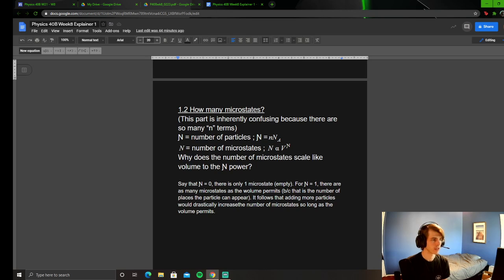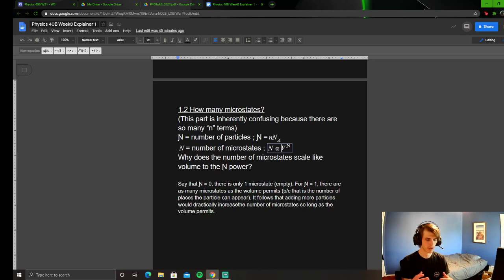That would mean that the number of particles would be 0. So if there's no particles, then you plug into this equation, and anything to the 0 power is 1. So you'd only have one microstate, and that'd just be the empty microstate, where there's nothing happening, there's just a volume, no particles.